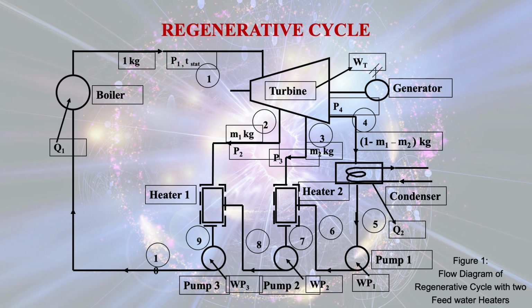Now let us see how we can calculate the work done by the turbine, work done by the pump, and the heat added to the water in the boiler and the heat rejection in the condenser.